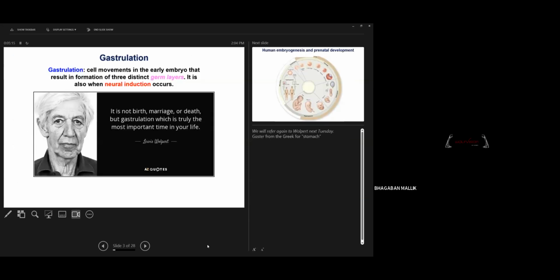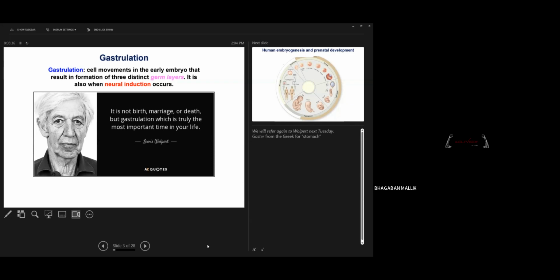I will start the lecture with gastrulation, the different stages of development of the nervous system. It starts from the very early embryonic stage. I'll be talking about all these steps, starting from the production of a sperm and fusion with the ovum, then the formation of a zygote.